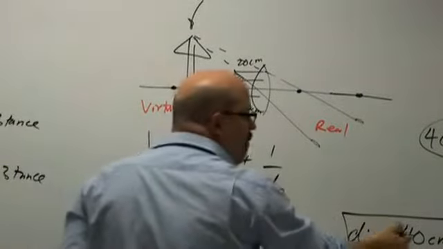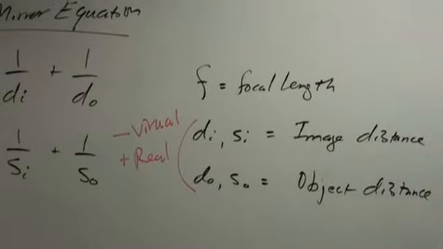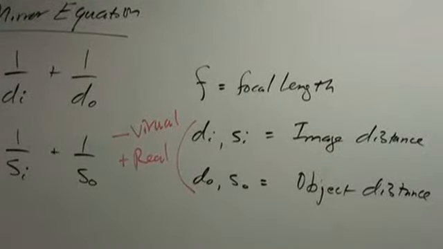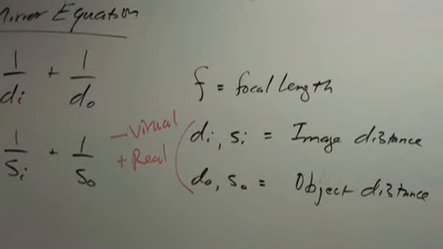So negative 40, okay everybody, right here: negative means virtual, positive means real. Negative means virtual, positive means real. So the sign is important.